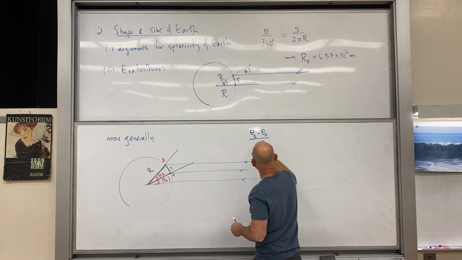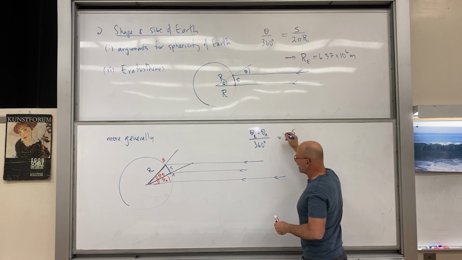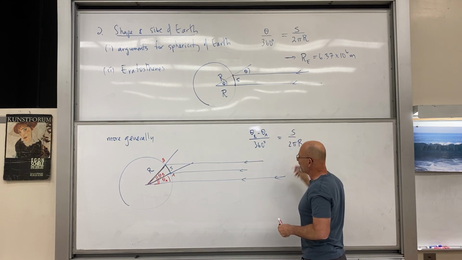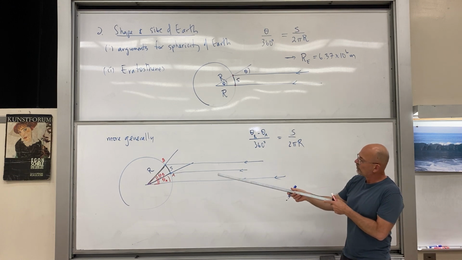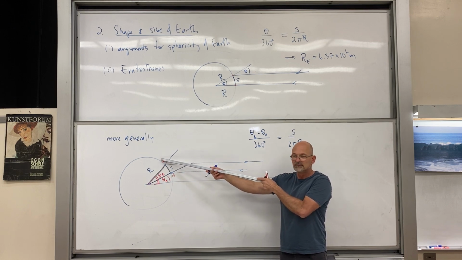Theta sub B minus theta sub A divided by 360 degrees is equal to that same S up there over 2 pi r. So you see, we would be able to do this for a city somewhat above, further north, and then one further north still.